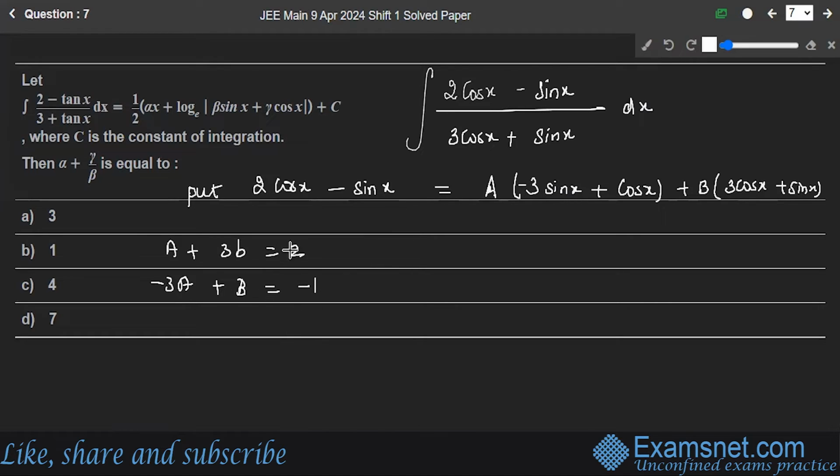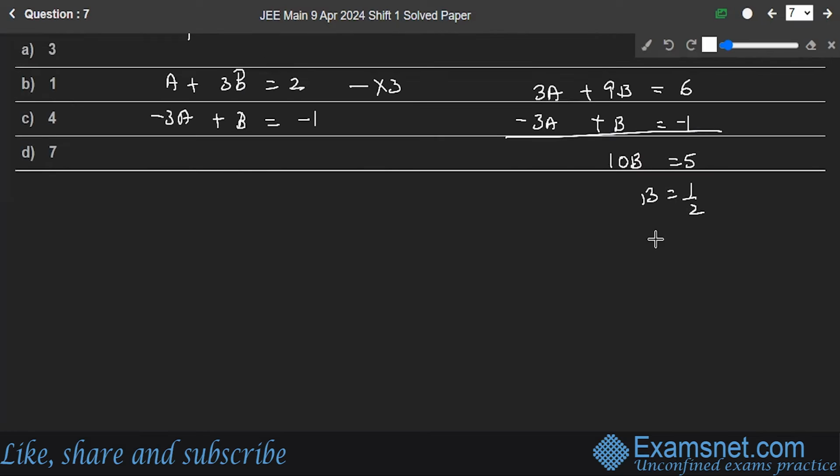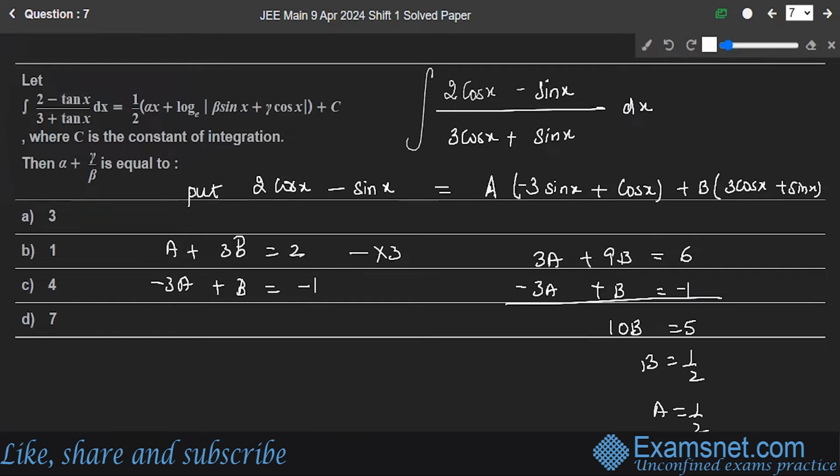Let's solve both the equations. You will have this multiplied with 3. This will give you 3A plus 9B is equal to 6 and minus 3A plus B is equal to minus 1. This will give you 10B is equal to 5, or B is equal to 1 by 2, and correspondingly you will solve and get A is also equal to 1 by 2. So now this becomes this equation.